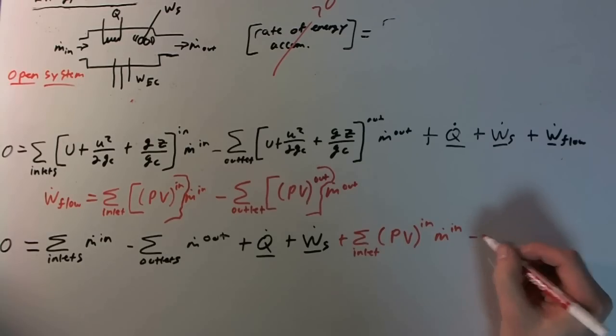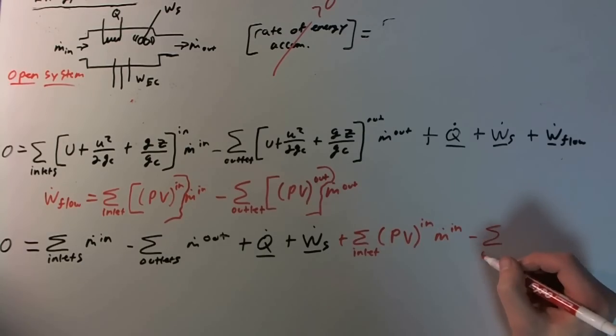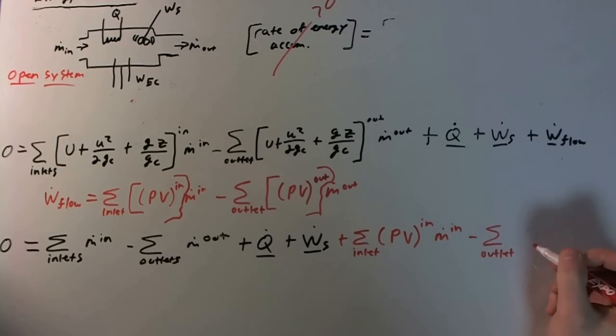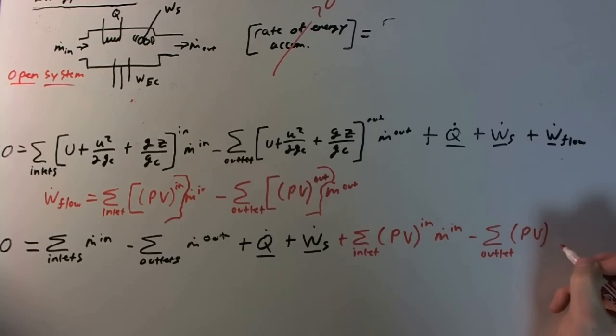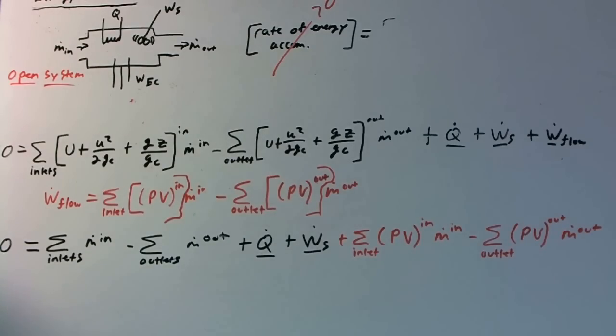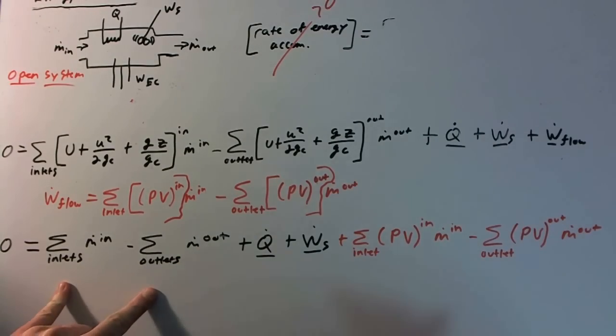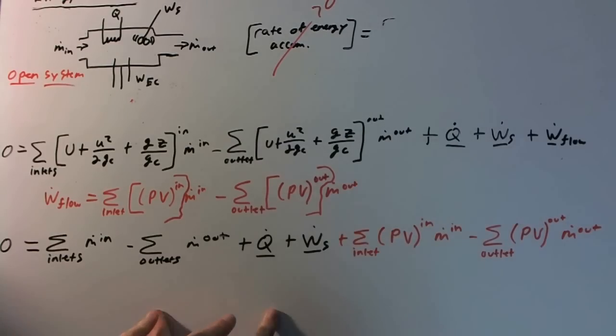And we subtract from that the outlets, right? Because it's leaving, times pressure, volume, right? We're summing the outlets times the mass flow rate out. And so basically what we can do is combine these inlets and outlets with this, right? We combine them together.